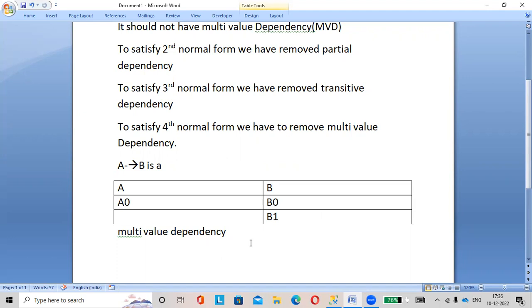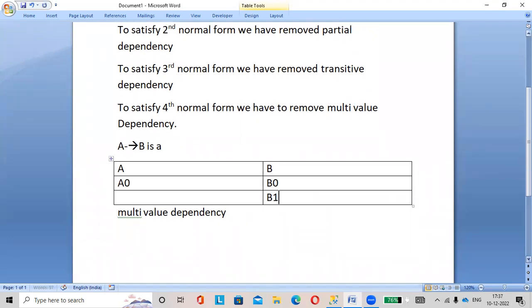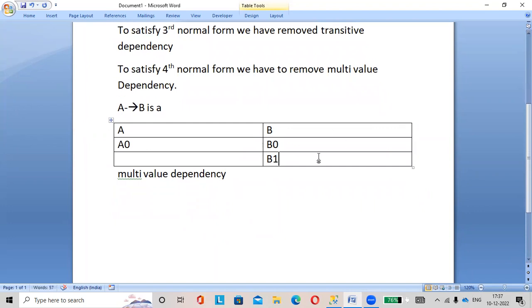This is known as multi-value dependency. For two rows, we can adjust it. Here also we can mention A naught, so we have adjusted it. But if it is three rows, it is difficult for us to manage.